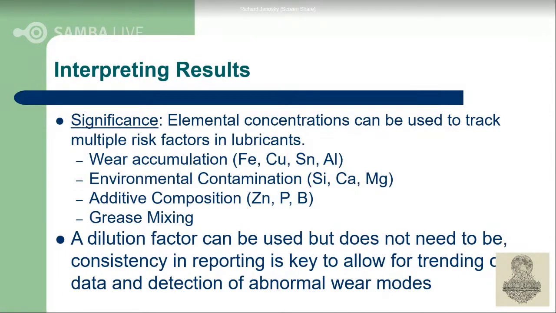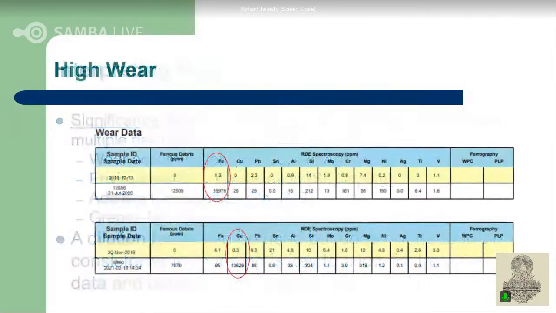Thank you guys very much for those important points on interpreting our results. So here we have a couple examples to show. On top, the first example we have circled in red is a customer that had a grease that had severely elevated iron levels.